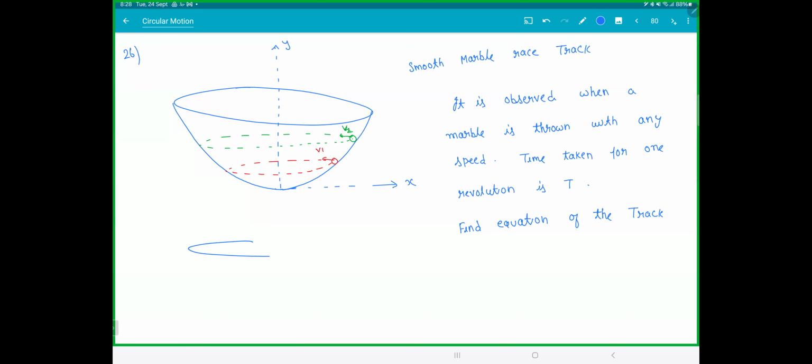So this bowl is there, and I want you to find the equation of this curve. When I say equation, I'm asking you to find the relation of y in terms of x, like y is equal to some constant into x, or y is equal to a into x power 4, anything. It could be some relation between y and x. The story is clear, right?